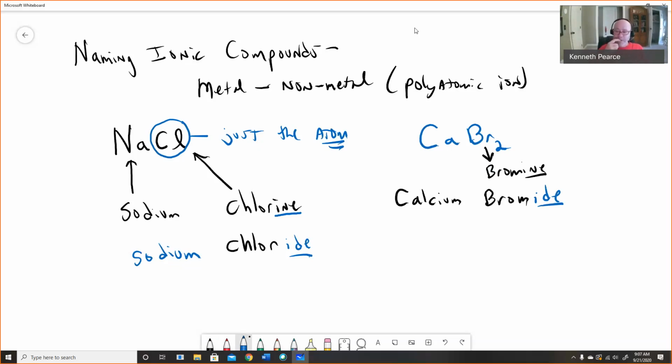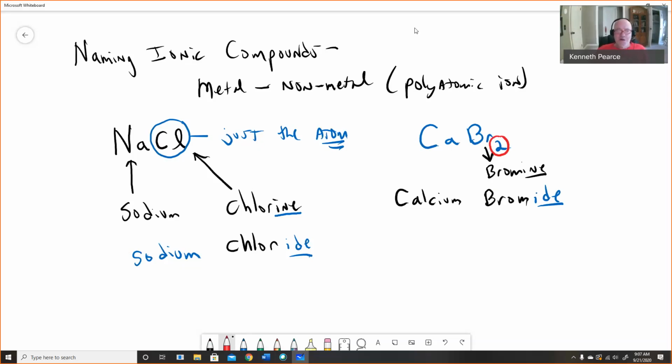Now, I'll caution you here. Ignore the fact that you have a 2 there. The 2 bromines are for charge balance to go with the calcium. But the fact that there's 2 of them there doesn't matter as far as the name goes. So what you don't want to do is say something like calcium dibromide.